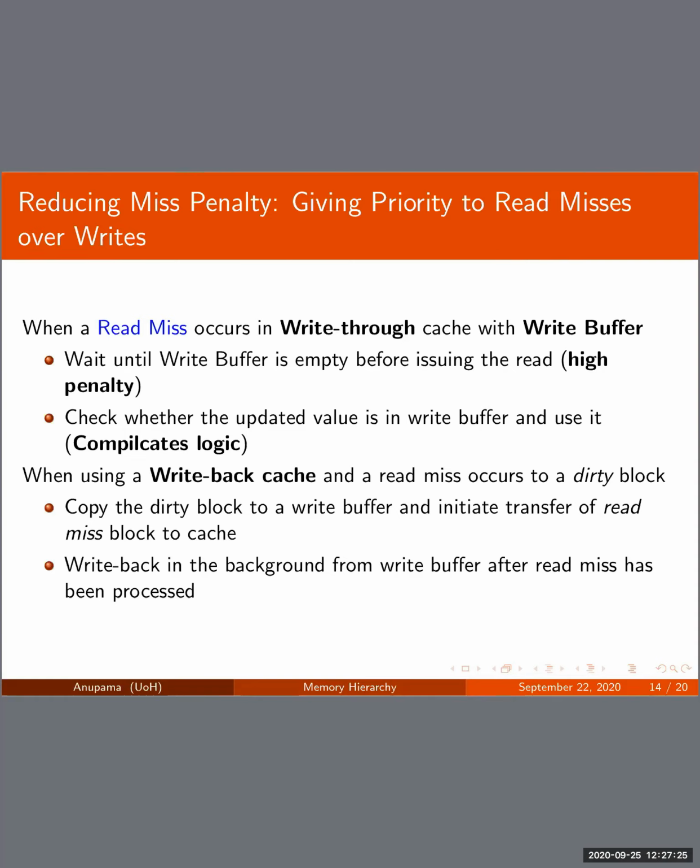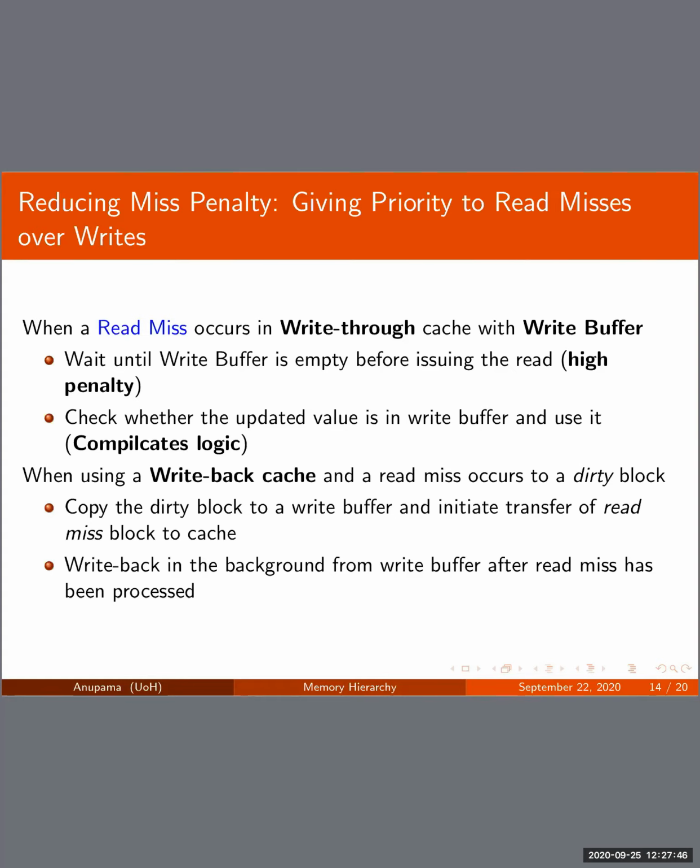Okay. How do you reduce this? One way of reducing it is to check whether the updated value, because the read miss can also be for data that is in the write buffer.